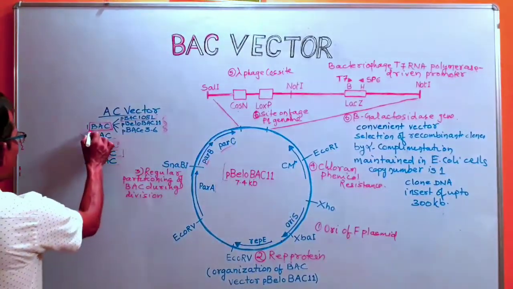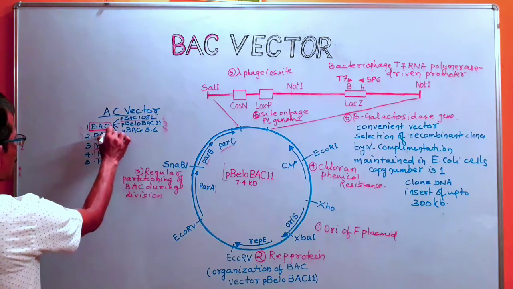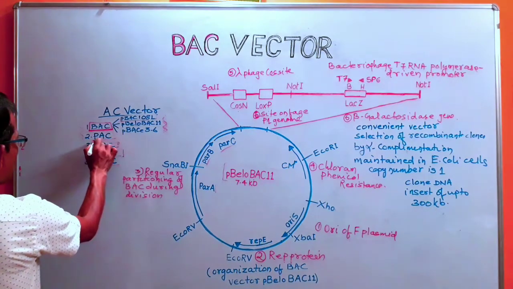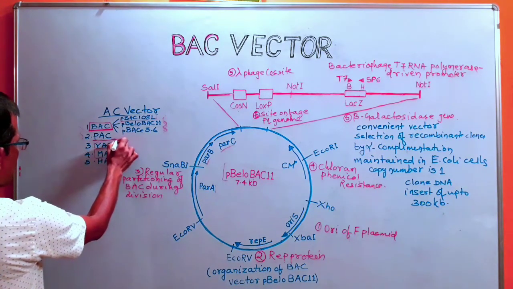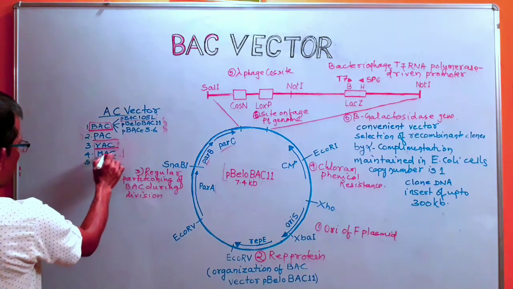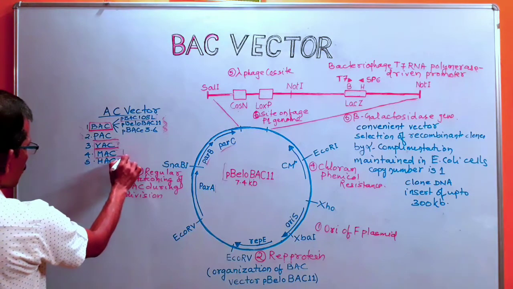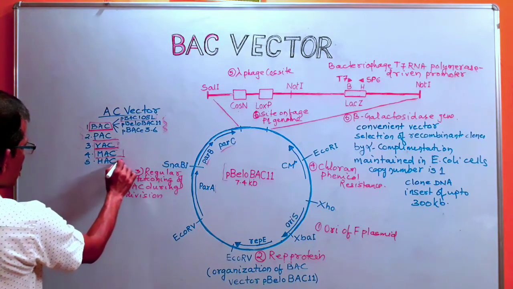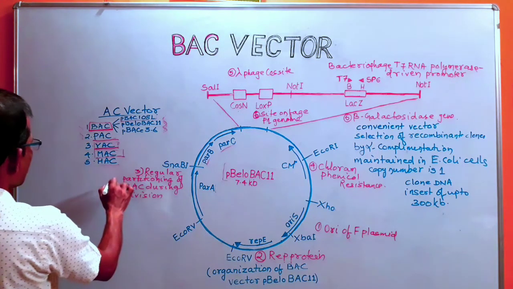They are bacterial artificial chromosome vector, P1 derived artificial chromosome vector, yeast artificial chromosome vector, mammalian artificial chromosome vector, and human artificial chromosome vector.